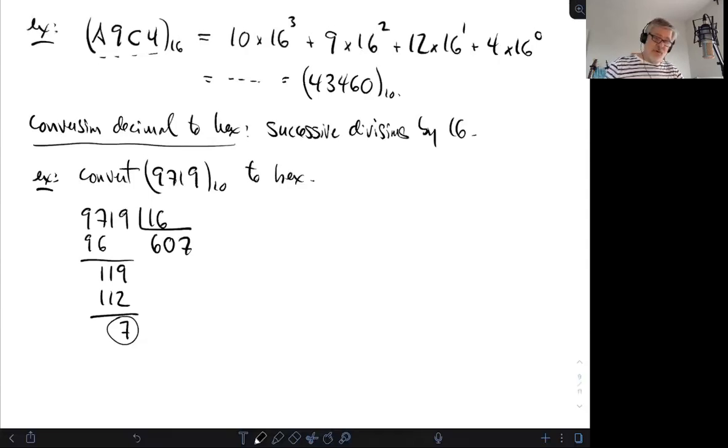Okay, then I repeat. 607 divided by 16. 4 times is 64, so that'll be 3 times, which is 48. That leaves 12. Bring down the 7. 8, 9, 7. Is it 7? 112, 16. Yes, it's 7. It's the same as the previous one. So 7 times 16 is 112.